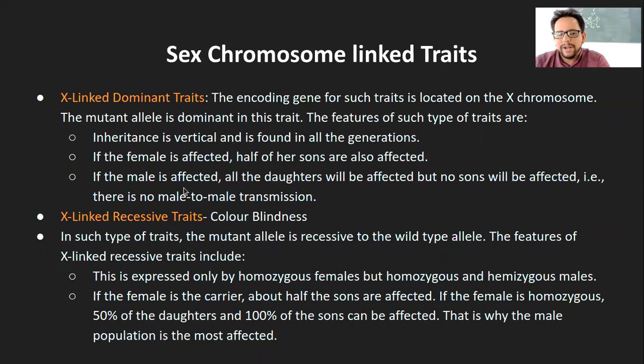In the third point, if the male is affected, that is XAY crossed with XX, the female, all the daughters will be affected, because the X chromosome which is coming from the male, or rather the affected allele present in the male, will go to the next generation, and the other X from the female. And because it is dominant, even if only one XA is present, it will always show the phenotype. So there is no male to male transmission, because XA is not present with the female.